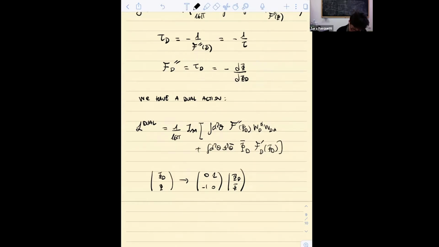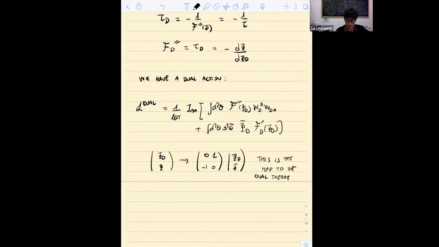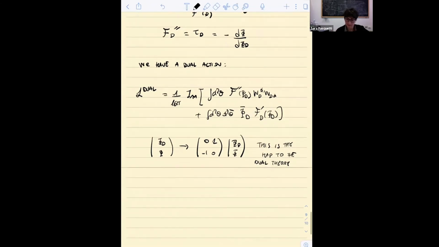So the claim is that this is the map to the dual theory. If I perform this change of degrees of freedom, I get a dual description of my theory, which has the property that the coupling is inverted. And this is like an electromagnetic duality.